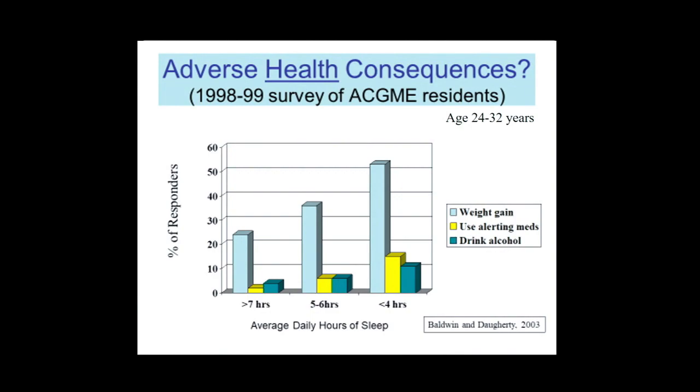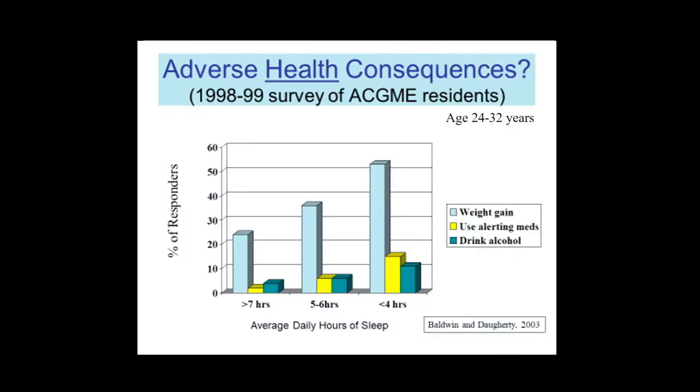Now, the weight gain you heard a little bit about, last week, about weight gain in circadian rhythm. So if you're not sleeping, you're eating, and so the weight gain is explained by the opportunity to eat. The use of alerting agents could be for the same reason, and the drinking alcohol is interesting because alcohol does have a stimulating effect initially, and then it has a sedating effect, but the stimulating effect is there.